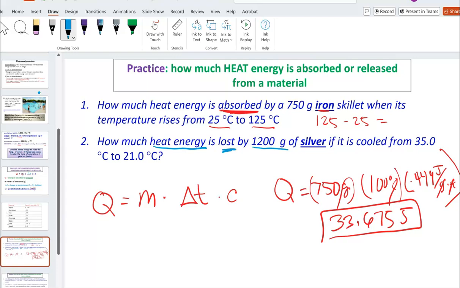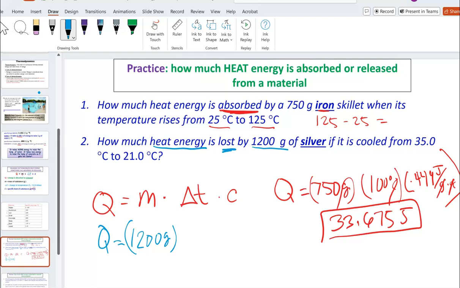So we're still going to use Q. The fact that our heat energy is being lost means we're going to have a negative value in our answer, which is fine. So again, we're going to use Q is equal to M times change in temperature times specific heat. So Q is equal to, the mass of my silver is 1,200 grams.